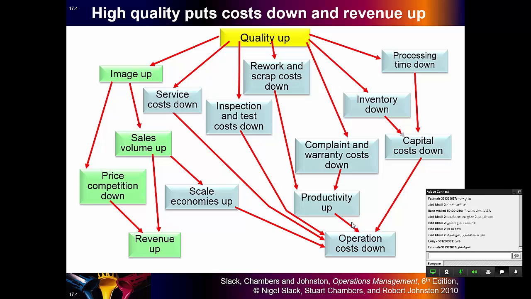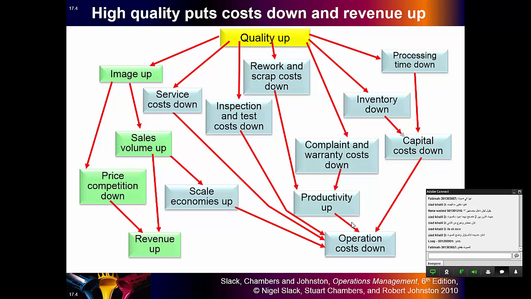And by decreasing the inventory, I also will decrease the cost of the capital, which is the cost of the equipment and the cost of the spare parts that I have. And by this way I will reduce the cost of all the operation.